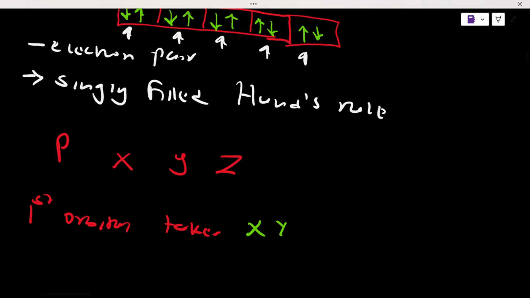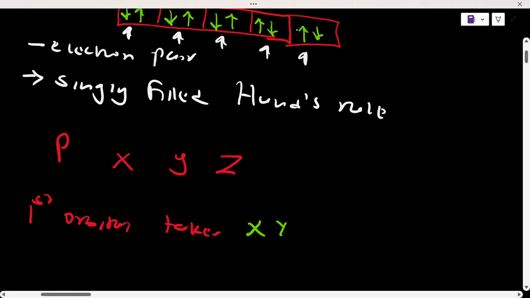And therefore, we are going to call it the dxy.